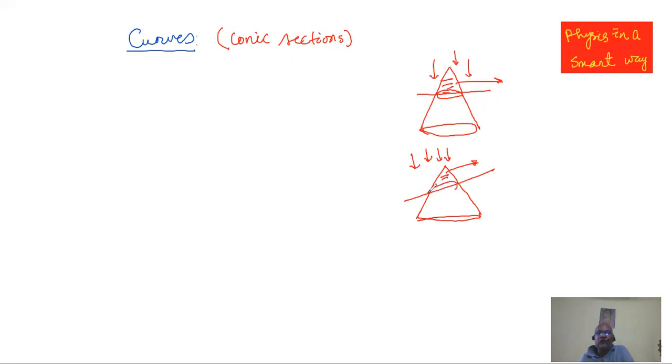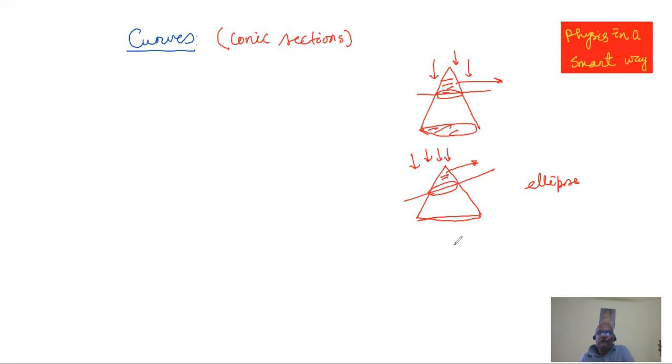Then you see an oval-like figure that is known as an ellipse. When the cutting plane is parallel to the base, you see a circle. When the cutting plane is inclined to the base, you get an ellipse.